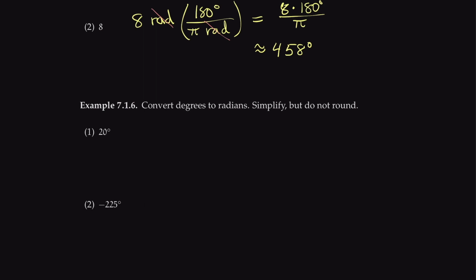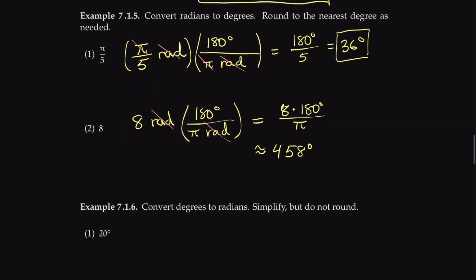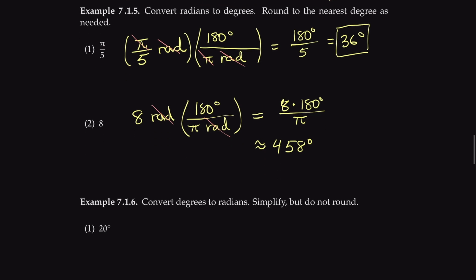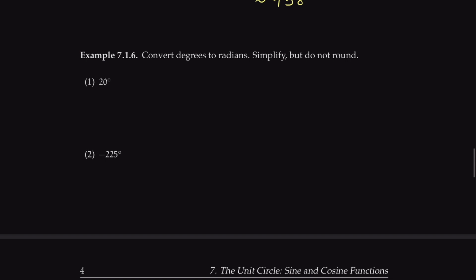Okay, so now we're going to go back from degrees to radians. We can use the same conversion that we had before. Pi radians equals 180 degrees, except this time we're trying to get rid of the units of degrees and move to the units of radians. And since we want to cancel degrees, we're going to put 180 degrees in the denominator.